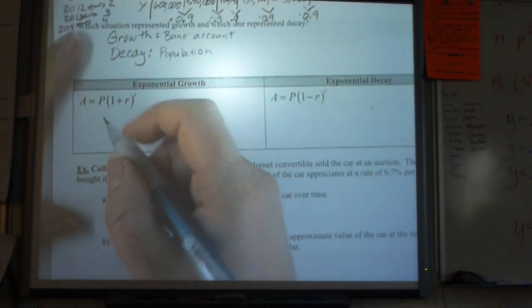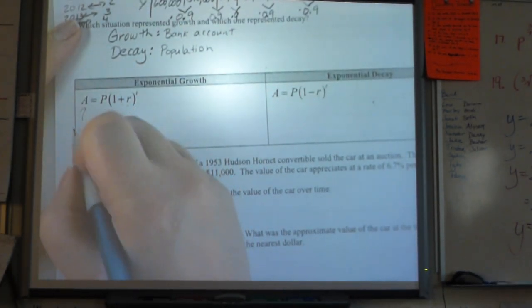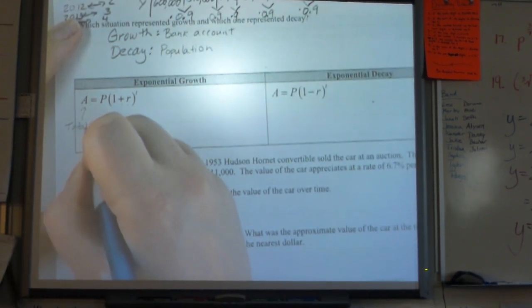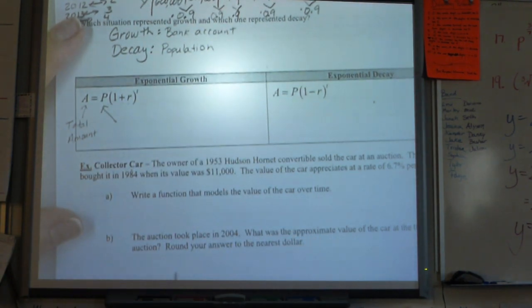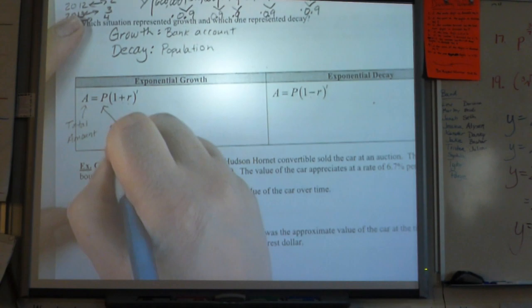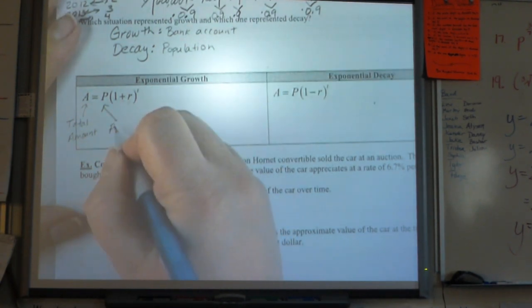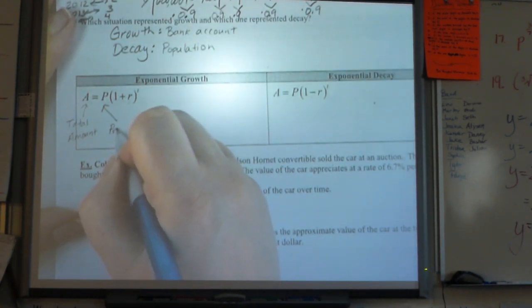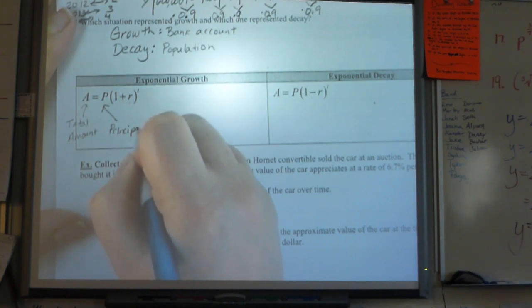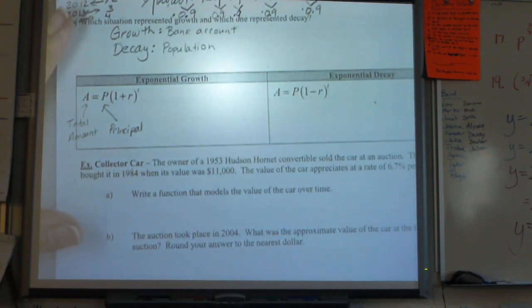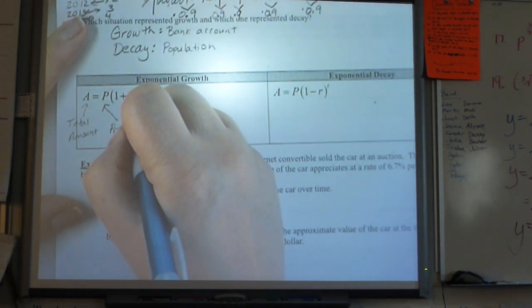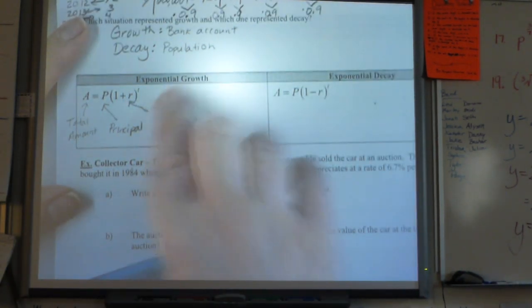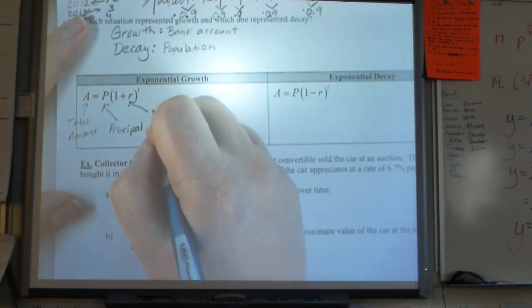So in this scenario, the A represents our total amount. Okay, the P is the principal or the starting amount. This is principal. The r is our growth rate or decay rate. I'm just going to write rate.